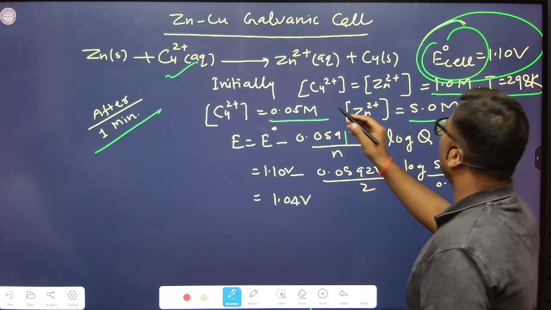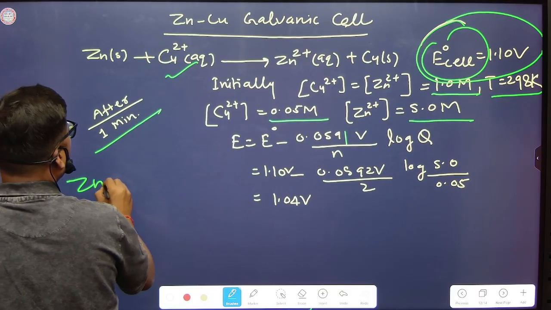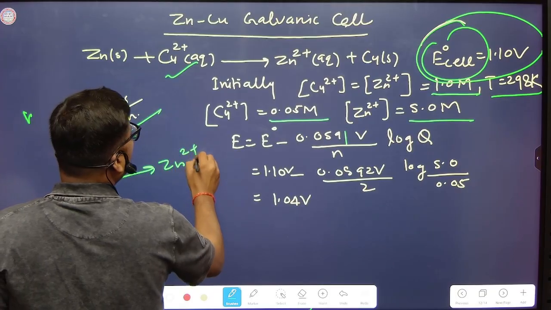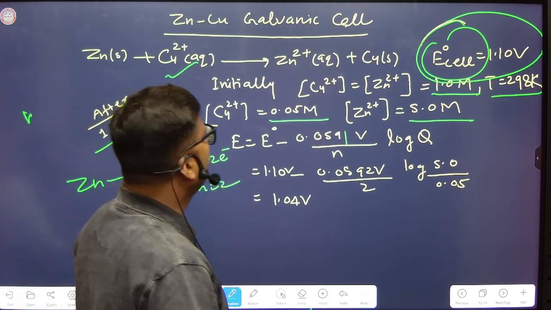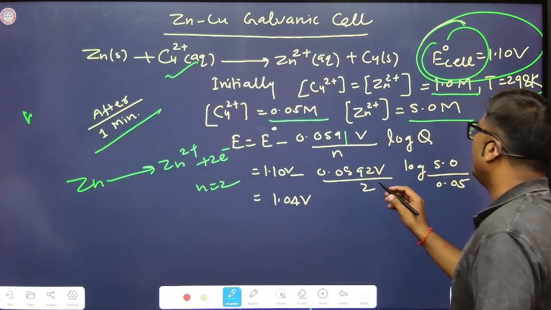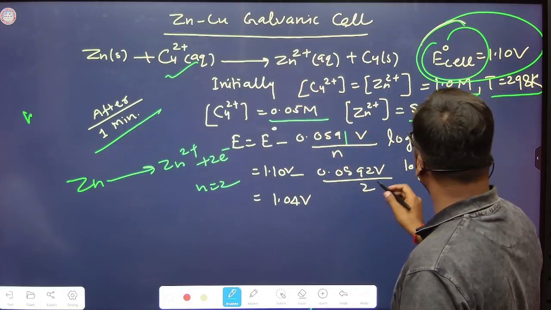For this reaction, Zn goes to Zn 2 plus plus 2 electrons, so n is equal to 2. Here 2 is kept because the number of electrons transferred in this cell reaction is 2.